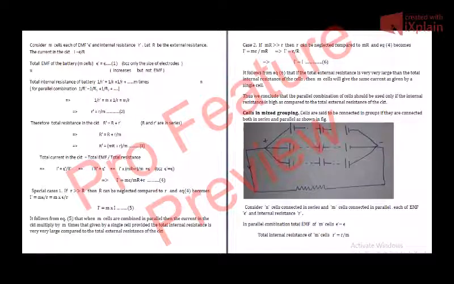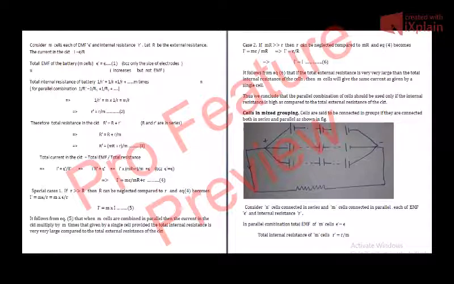The current multiplies M times. It follows from equation 5 that when M cells are combined in parallel, the current in the circuit multiplies by M times that given by a single cell. But the condition is that the total internal resistance of the cells is very large compared to the total external resistance of the circuit.